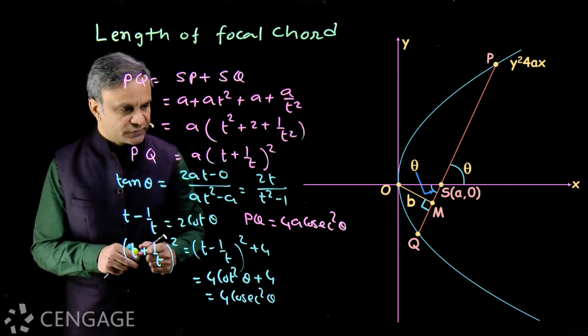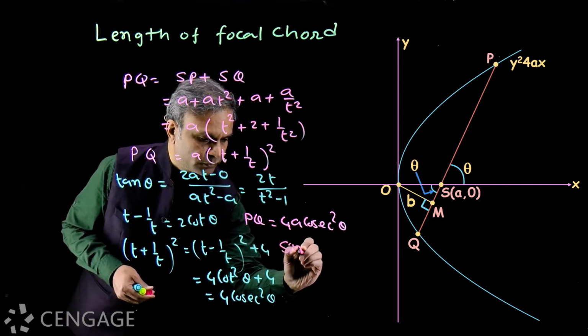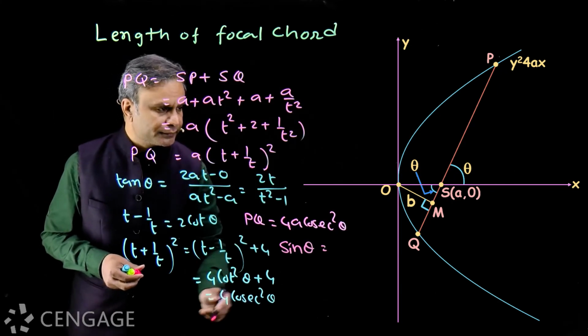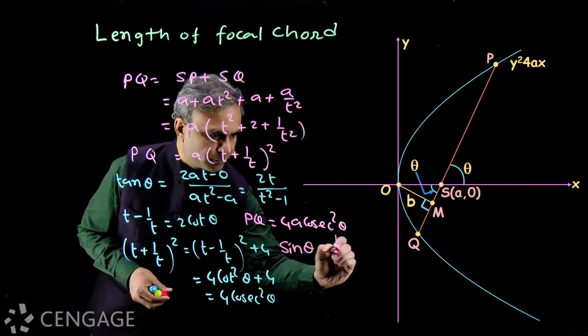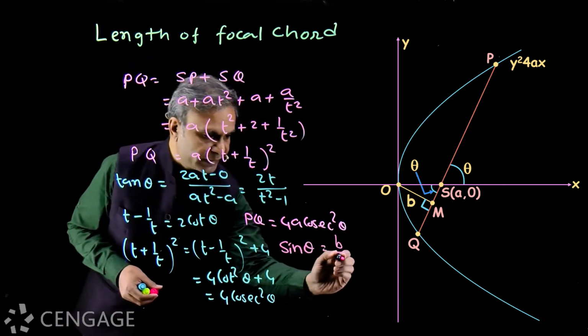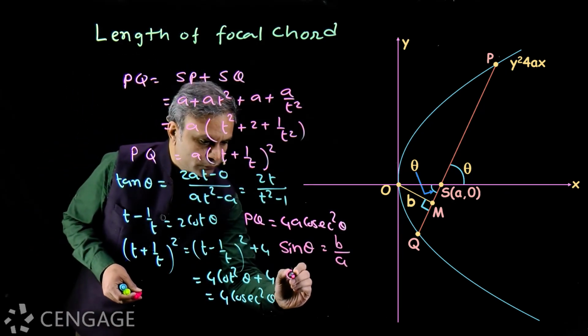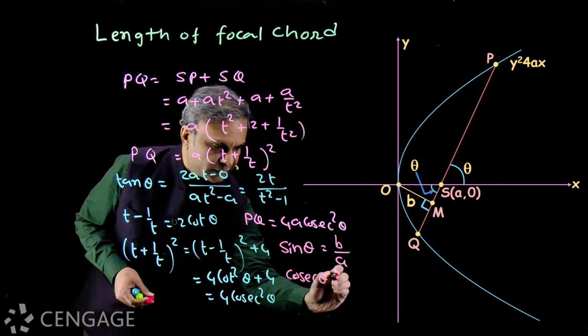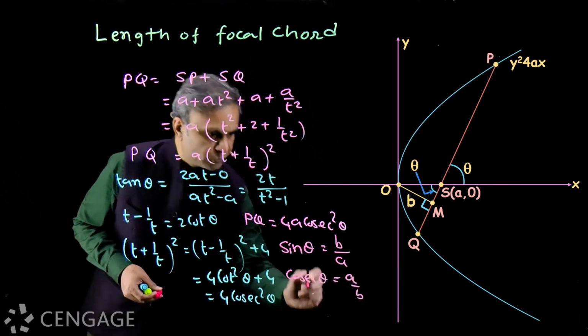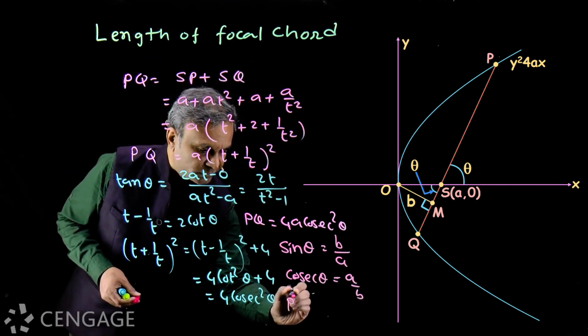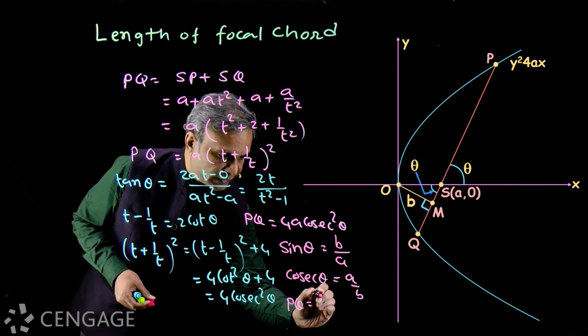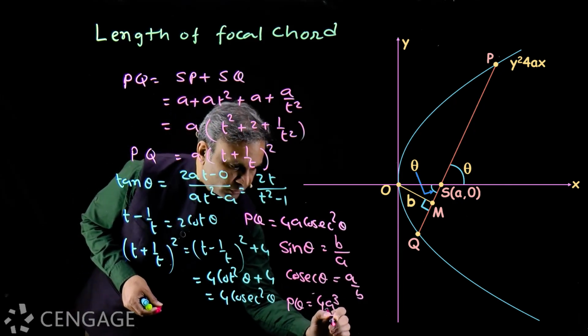We have sine theta is equal to opposite side OM, OM is b, upon hypotenuse OS, OS is a. So we have sine theta is equal to b upon a. So value of cosec theta is a upon b. Put this value here, we get length of focal chord PQ as 4a cube upon b square.